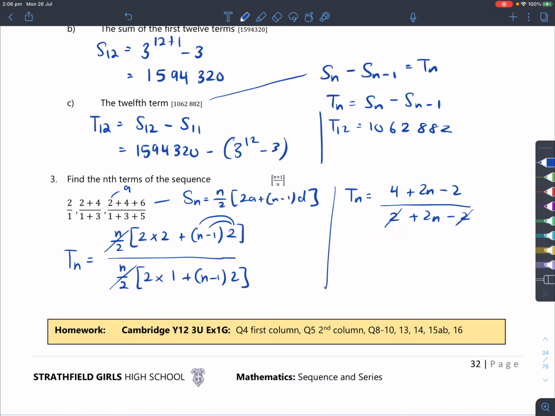These 2's cancel, whereas on the top you will have 2n plus 2 over 2n, which is n plus 1 over n. I'm just double checking that. Yep, and that's right.